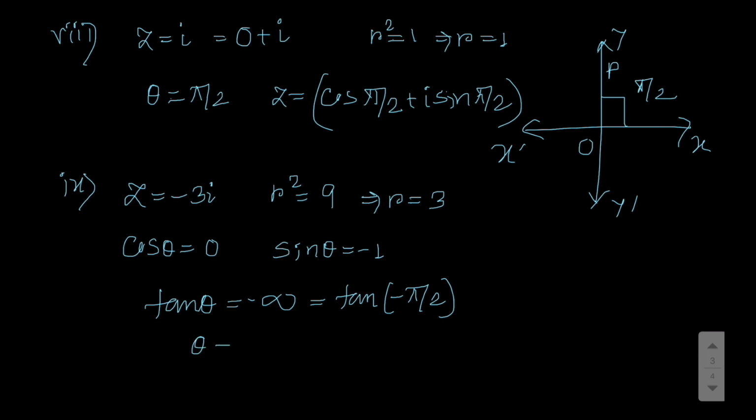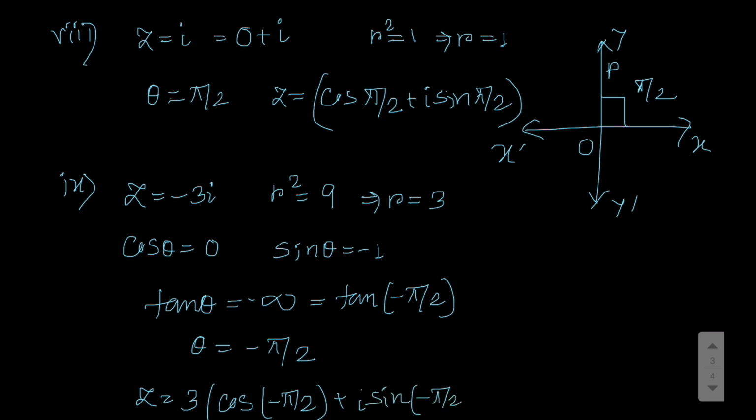So that means theta is minus pi by 2, and as the theta value lies between minus pi and plus pi, it satisfies both equations. So here z will be 3 times cos minus pi by 2 plus i sin minus pi by 2.